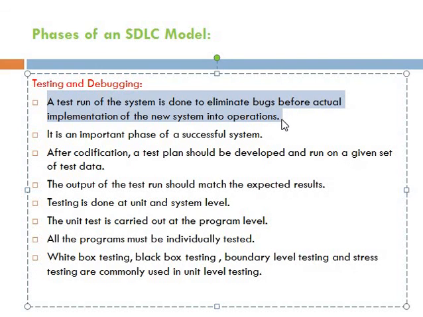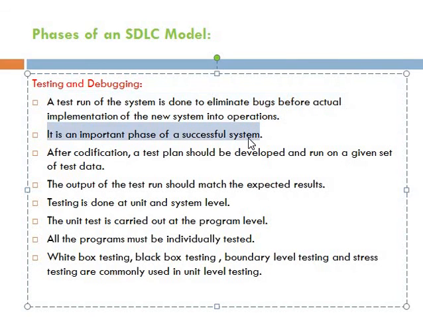And once the system is free from any bugs or errors, it can be easily implemented and put into operations. So testing and debugging is an important phase of a successful system.